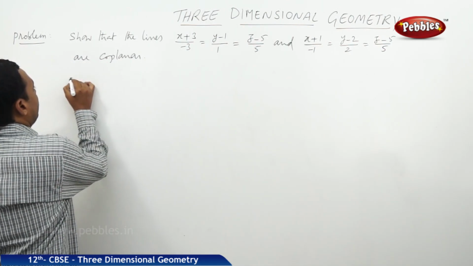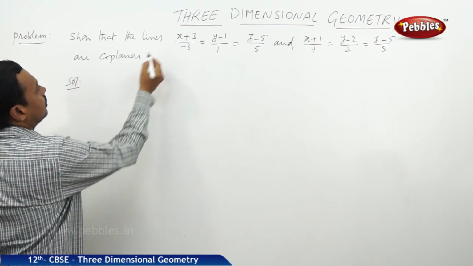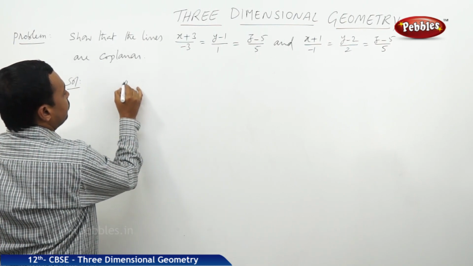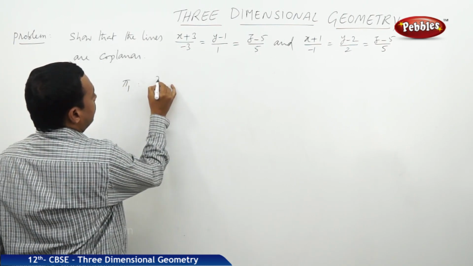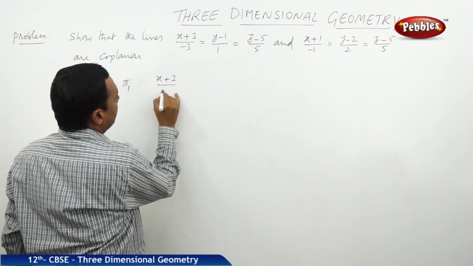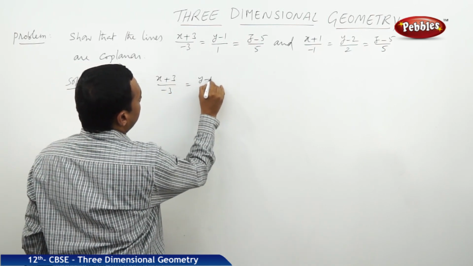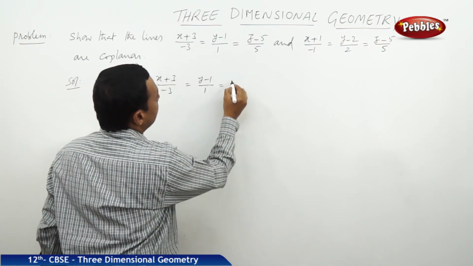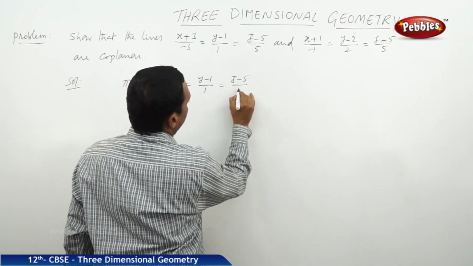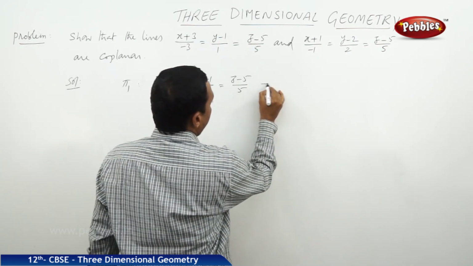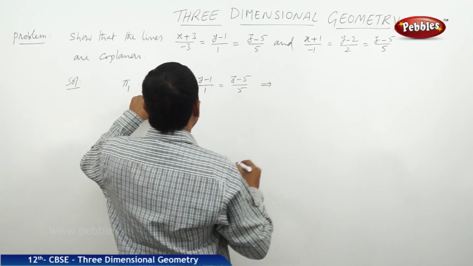Now, see, the given first line, pi 1, is (x+3)/(-3) = (y-1)/1 = (z-5)/5.